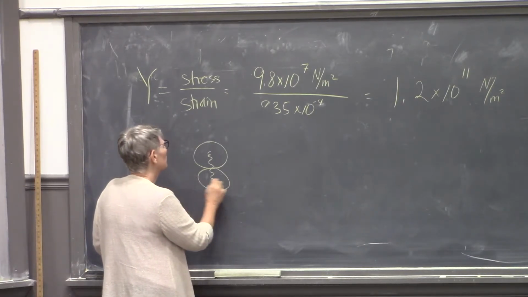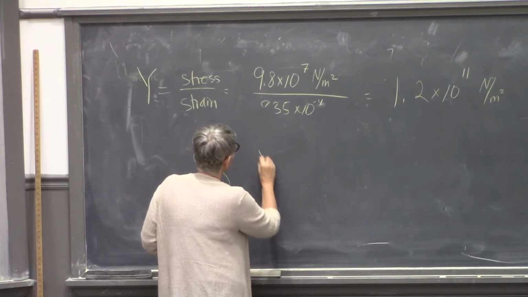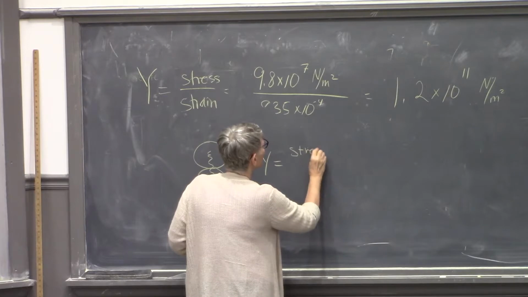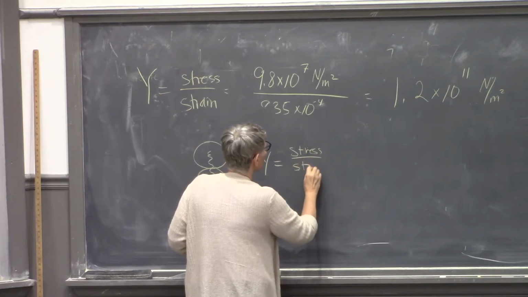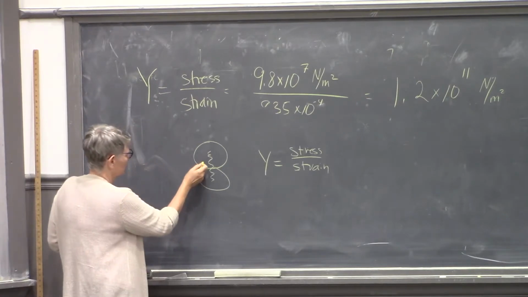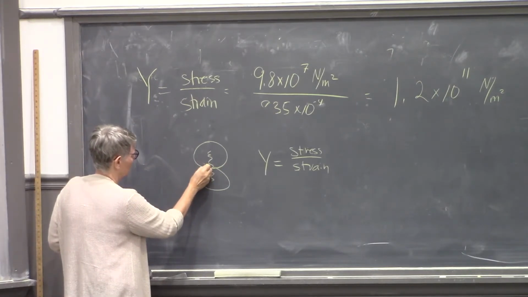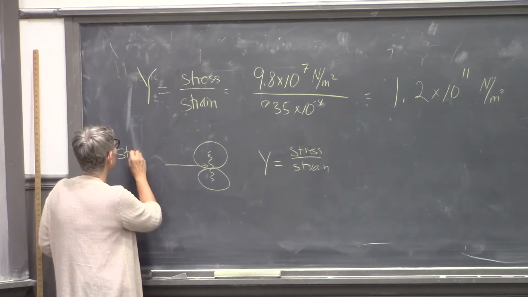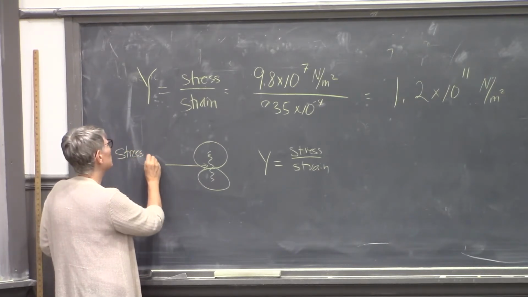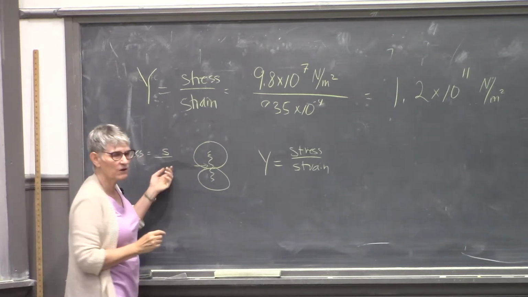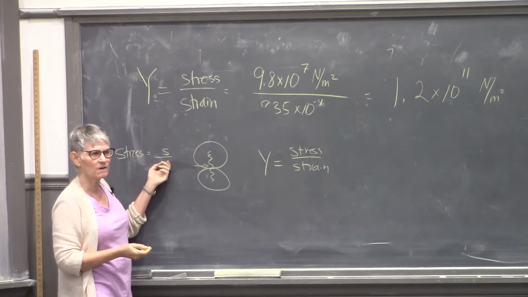So Young's modulus would be stress over strain. Well, what's the strain? That's just going to be the stretch divided by the length of our interatomic bond, right?